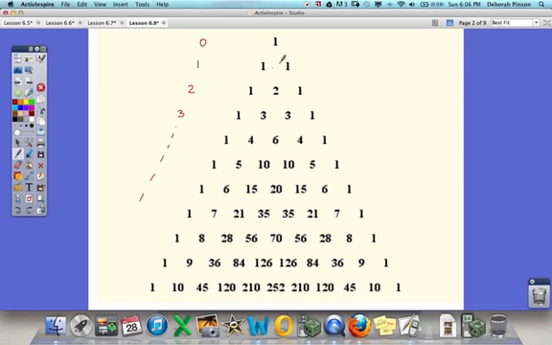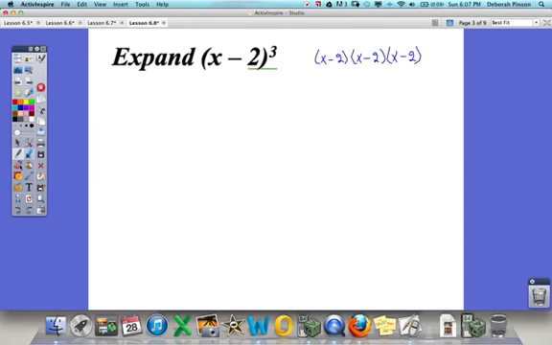So if you need to make your own Pascal's triangle, once you get your ones here, you can go through and do that. You'll have a 1 on the diagonal, add them together to get the number in between, 1 on the diagonal, and keep on going. Okay, so let's go through using Pascal's triangle and do a couple of these problems. Then I want to show you another option that you have.